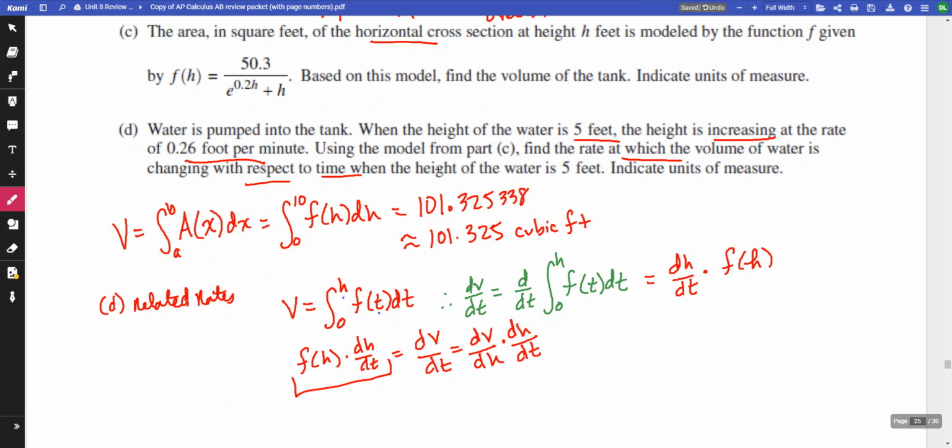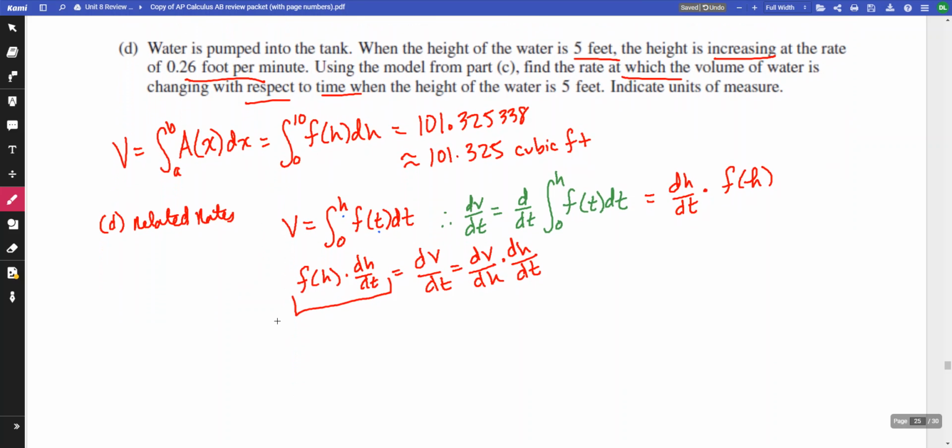Okay. So if this is the case, we want this at 5 feet. So I need f of 5 times the rate of change, increasing at 0.26 feet per minute. So I'm going to have times 0.26.